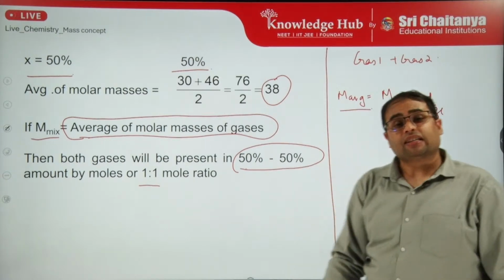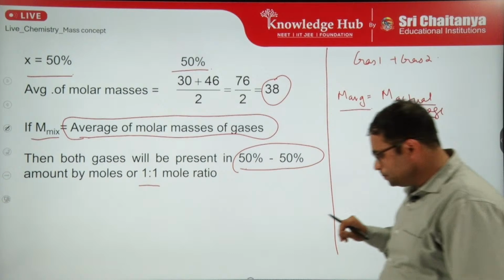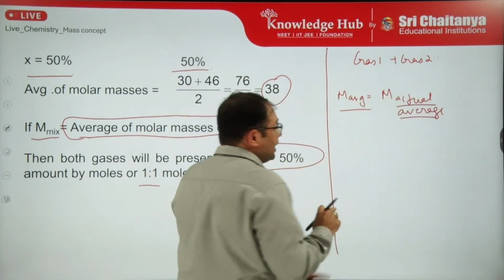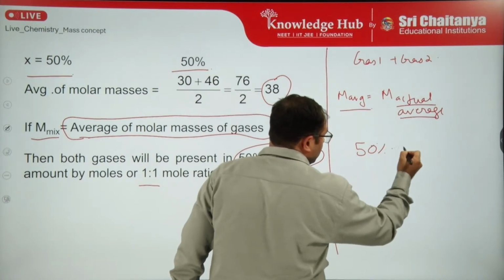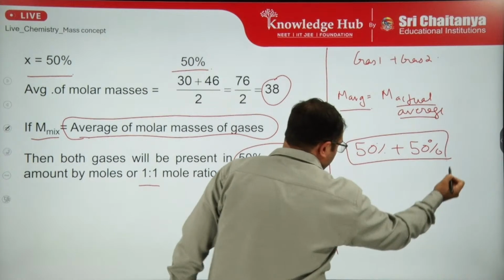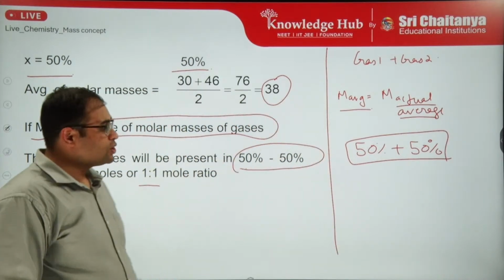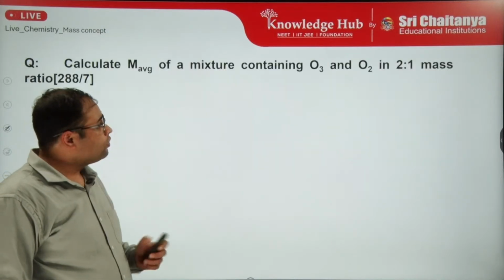Then remember that in this particular case, both of them will be present in a 50% plus 50% mixture. Right. So this is what we have learned from this question. Now moving forward.